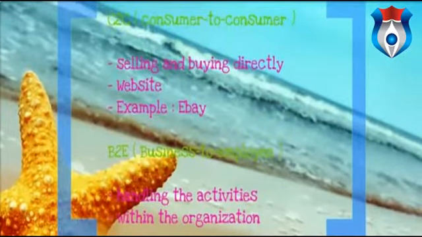C2C means individuals selling and buying directly with each other via a website. The best example of C2C is eBay. B2E is focused primarily on handling the activity that takes place within the organization.